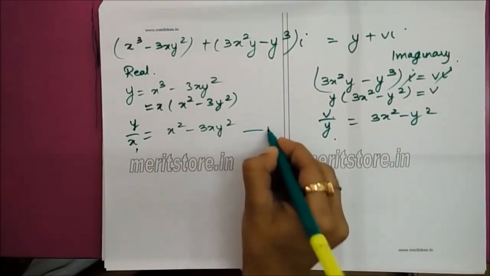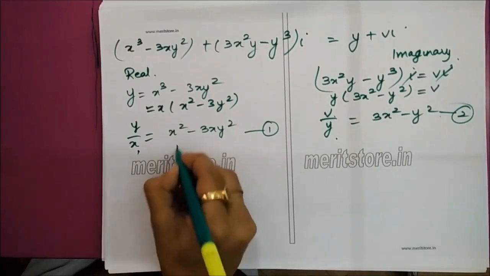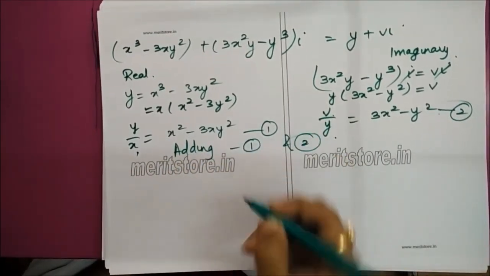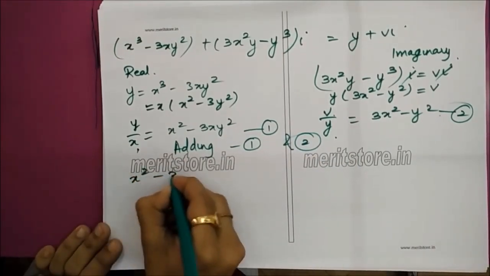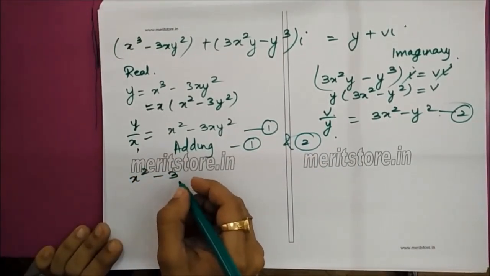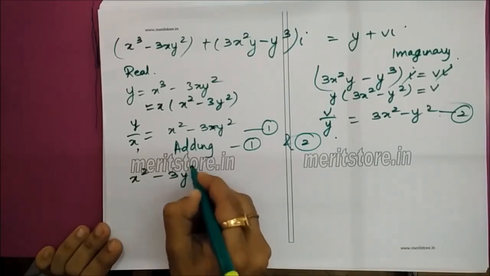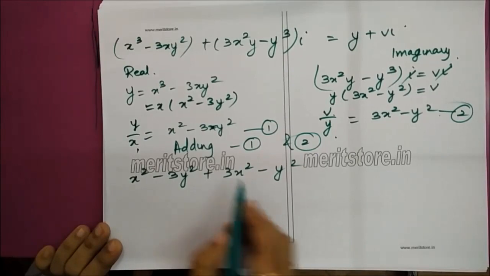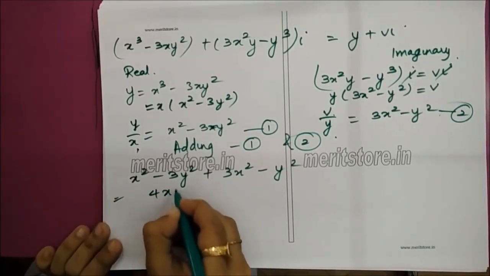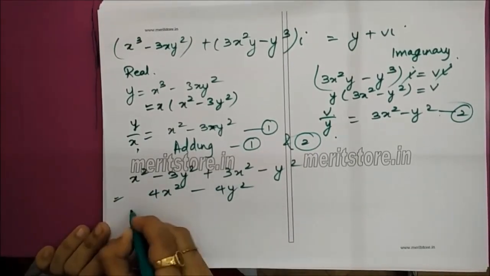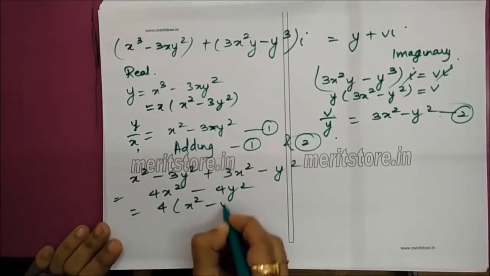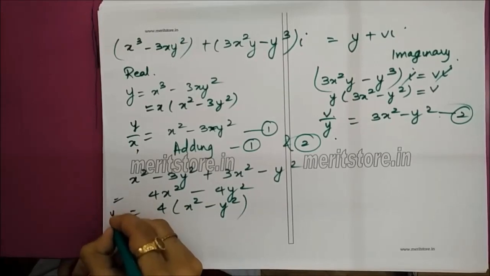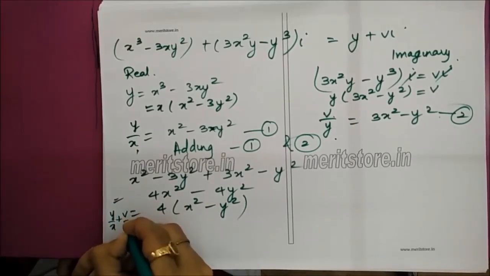So adding equation 1 and equation 2, depending on what you need to prove, you get x² − 3y² + 3x² − y². So 4x² − 4y², that is 4 common. That is how you proved for your a/x + b/y.